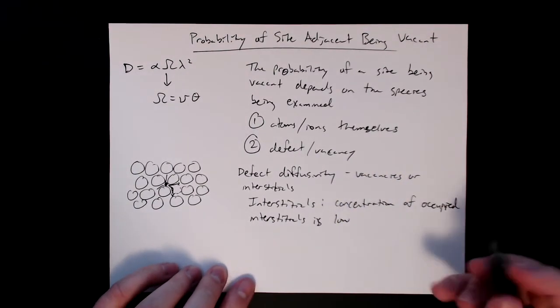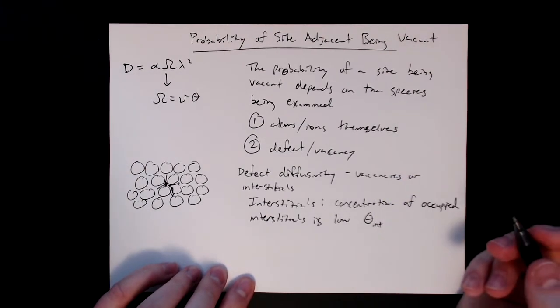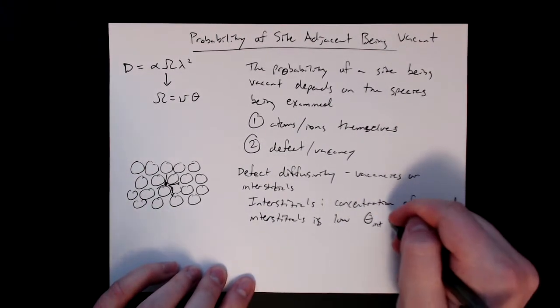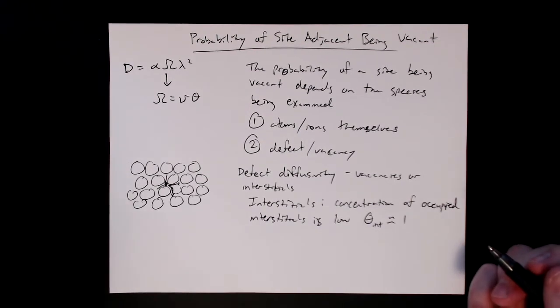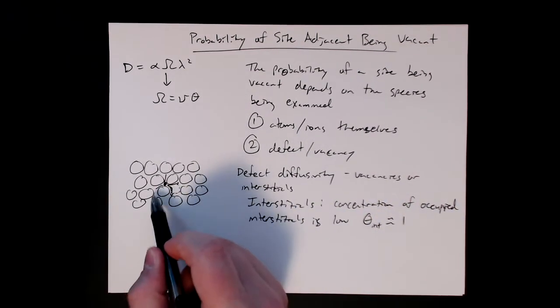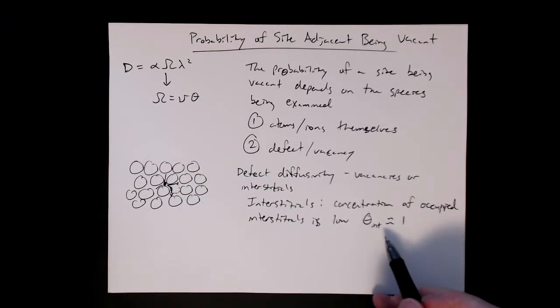What that means is that the probability of that site being empty is basically almost 100%, so we can approximate that as 1, because the maximum probability is 1. Almost all these adjacent sites are empty, and so it can jump into any one of those, and so we have a value of 1.